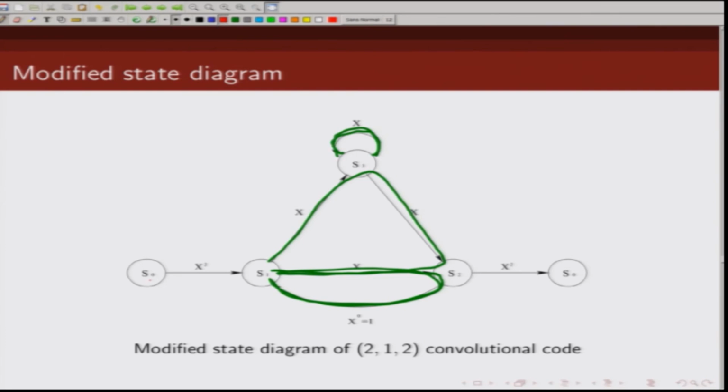A path from the initial state to the final state without going over any state twice. So, one forward path is this, fine. What about another forward path? The other forward path is this.